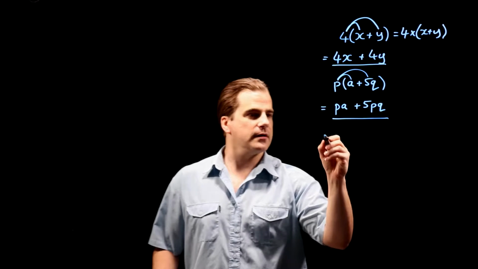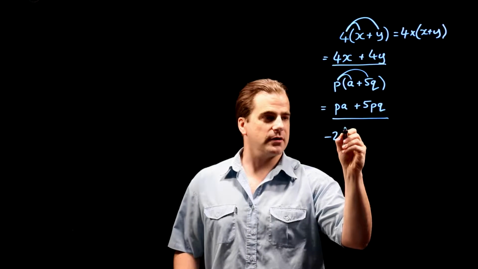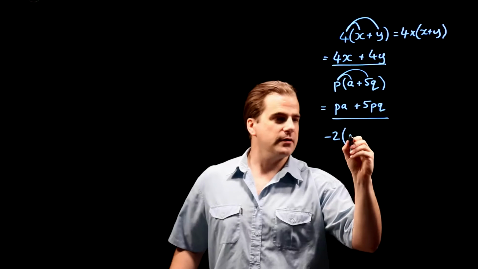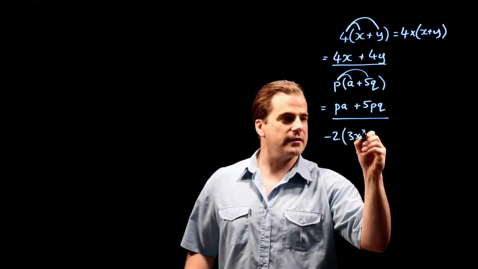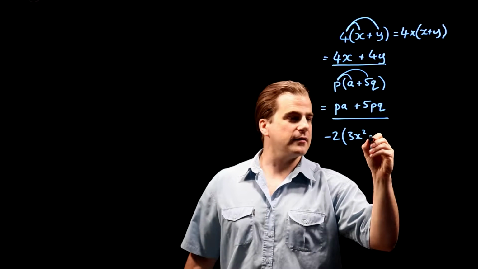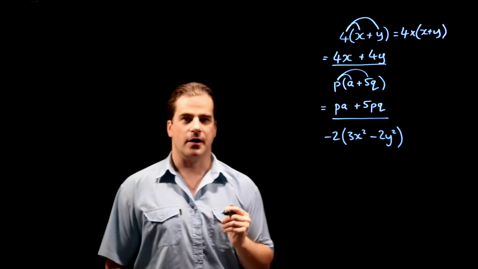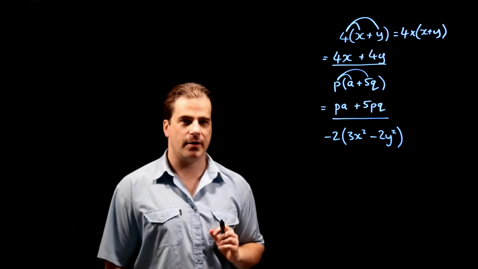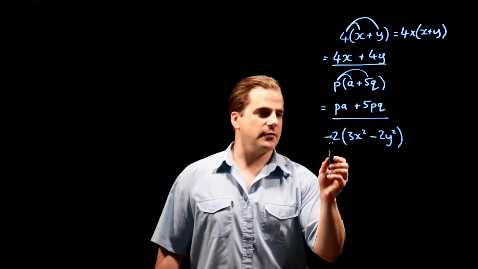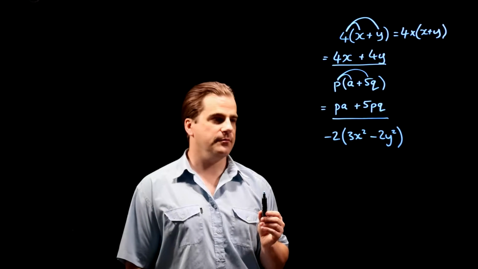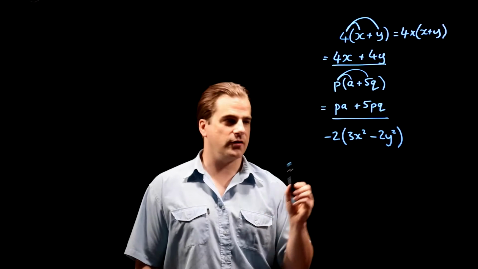Let's do another one. Let's do minus 2 outside the bracket this time. We'll have a 3x squared inside and a minus 2y squared inside as well. Okay, let's multiply this out. So we've got a minus outside the bracket this time. Now that minus belongs to that 2.